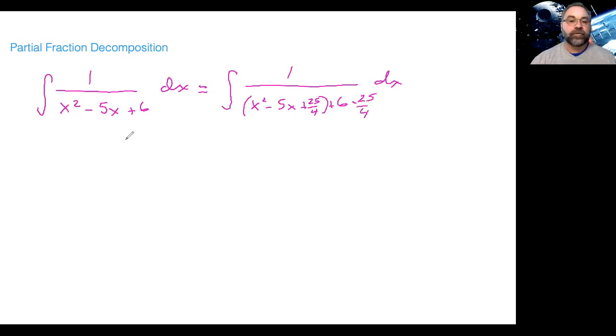And sure enough, that's a nice binomial squared now. And we get x minus 5 halves squared plus, well, 6 minus 25 fourths, that's actually negative 1/4. So actually, I guess we'll make that a minus 1/4.